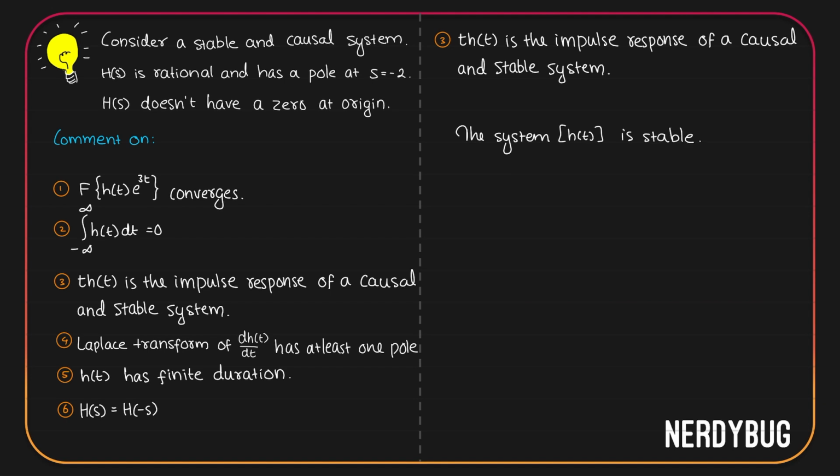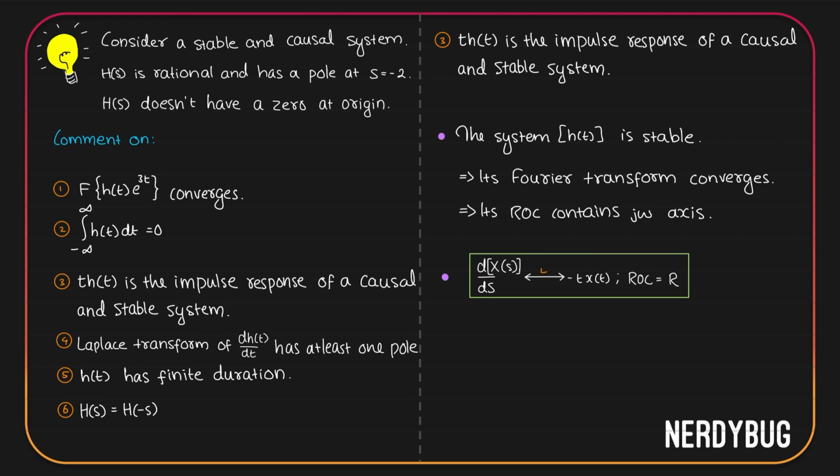But if a system is stable, that means the Fourier transform of its impulse response converges. But if the Fourier transform converges, that means the ROC of h of s contains the j omega axis or sigma equal to 0. Let us now bring in a property that we have learned before.